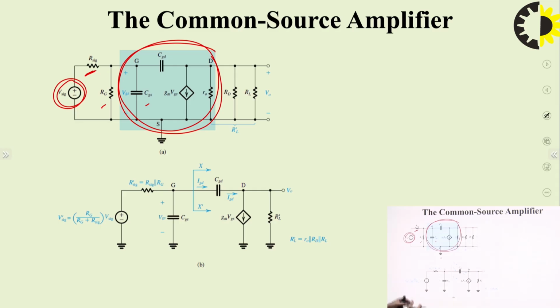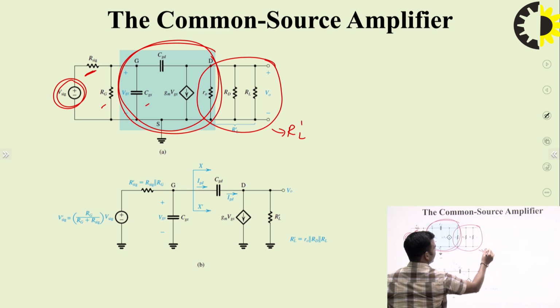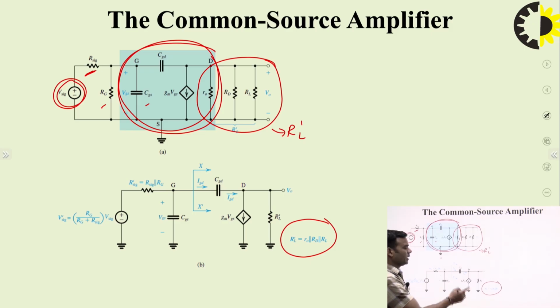So we can draw its equivalent. We can consider these three resistances together and represent them as RL dash, and RL dash will be equal to small r naught in parallel with RD in parallel with RL.